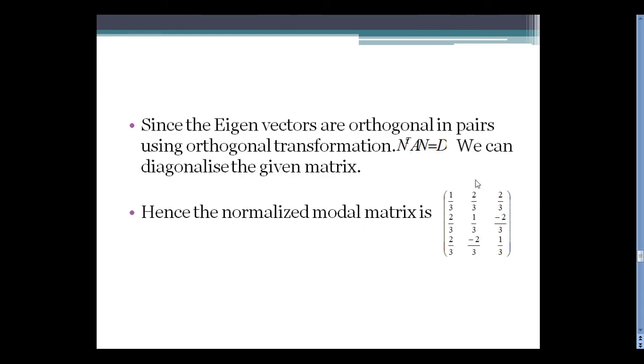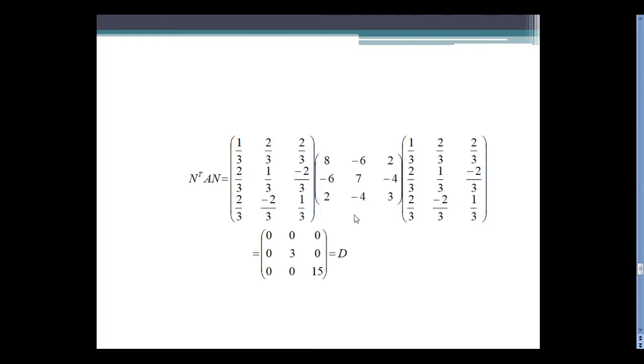Now, this is the normalized matrix. Since the eigenvectors are orthogonal in pairs, we are finding D. D is equal to N transpose AN. So here the normalized modal matrix is this one, 1 by 3, 2 by 3, 2 by 3, N. Now find out N transpose.